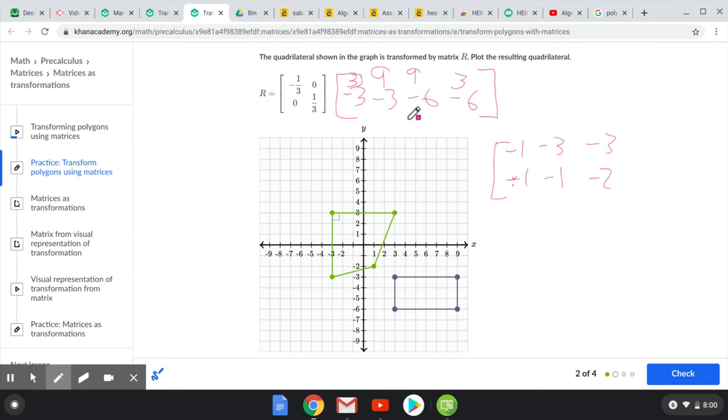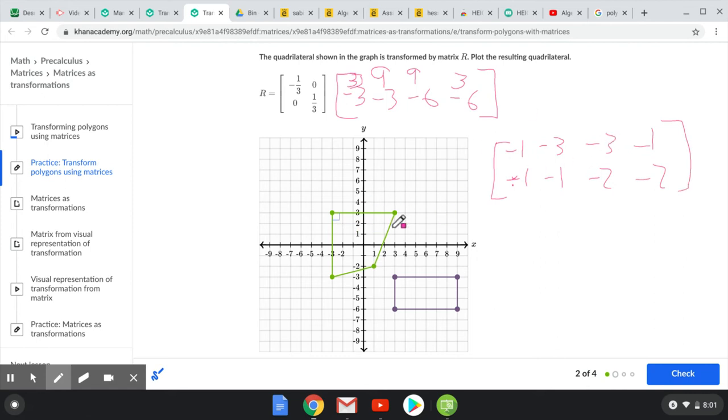And then first row times fourth column, I get negative 1/3 times 3 is negative 1. And then second row, fourth column, I get 1/3 times negative 6 is negative 2. And now I have all of my points.